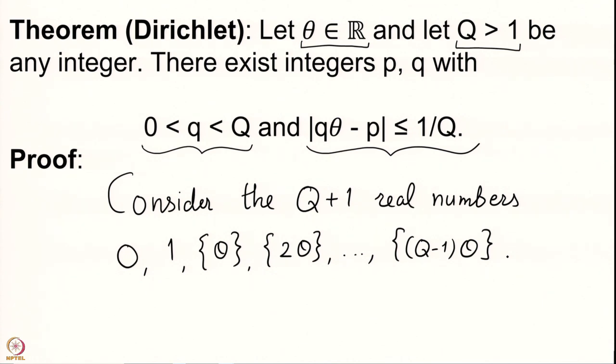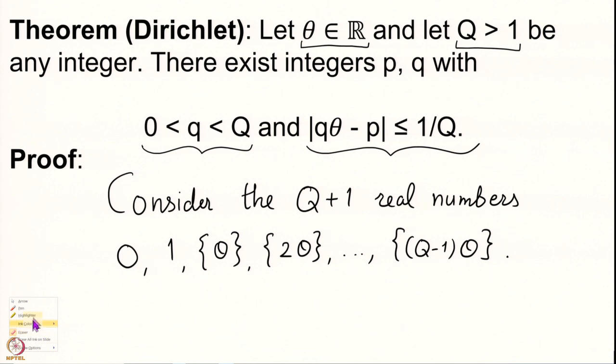Notice that these are indeed Q plus 1 real numbers. Here we have the first multiple of theta, the second multiple of theta, until the (Q minus 1)th multiple of theta. So, these are Q minus 1 numbers and we have 0 and 1. So, once we add these we get Q plus 1 numbers in all.